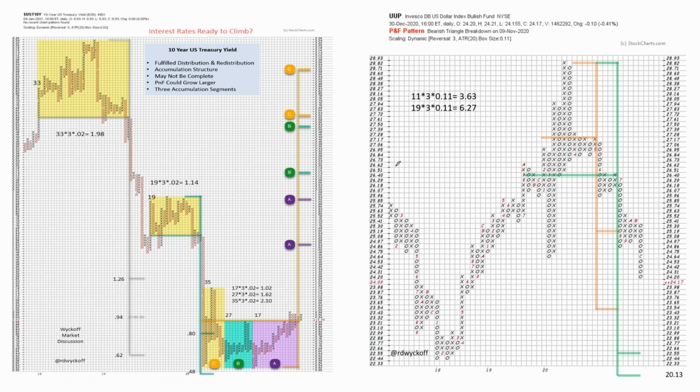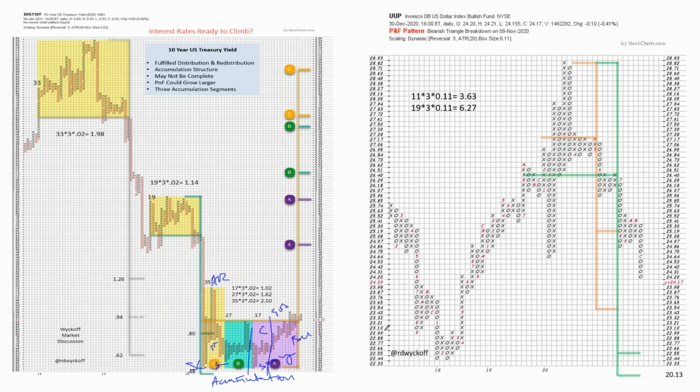Now look at what's going on here. We have something that looks an awful lot like a classic accumulation structure. We have a climactic decline, a big automatic rally that's generated, and then a range-bound condition with a series of attempts to test the lows of interest rates. There's a spring there, and then now we have a rally from what could be a phase C low up to the resistance area.